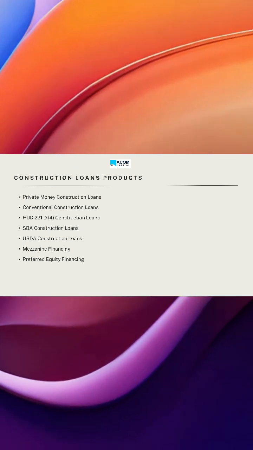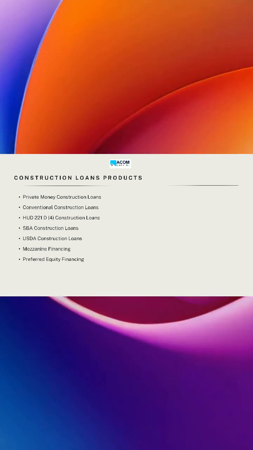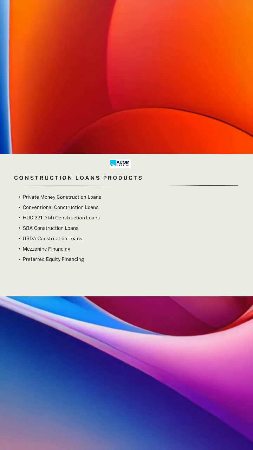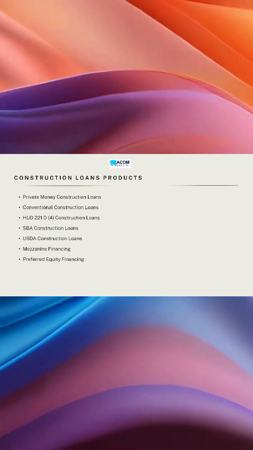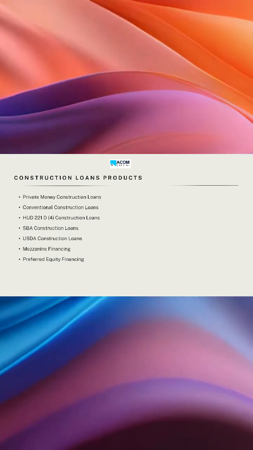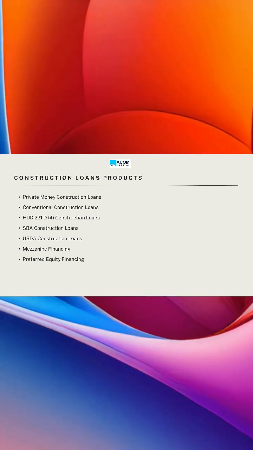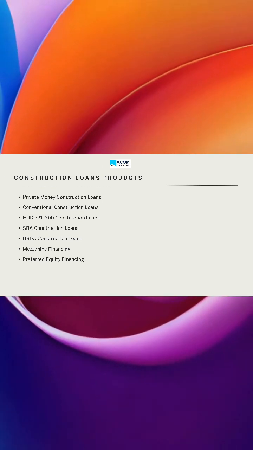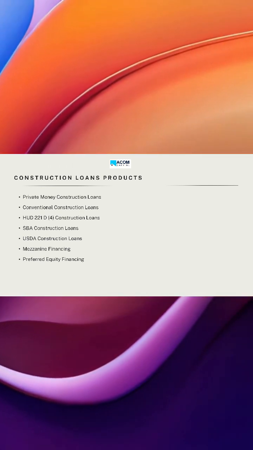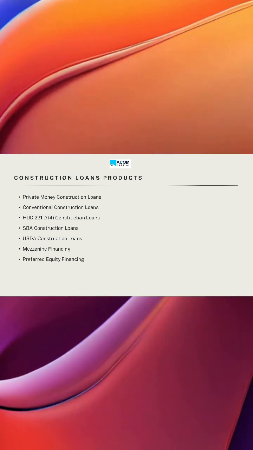HUD 221(d)(4). That's for multifamily property, 5+ units, and it is a longer process to get approved, but it's very economical, much less expensive, and it converts into permanent after the construction is completed. But it's a lengthy process, sometimes taking 9 months to close the deal.